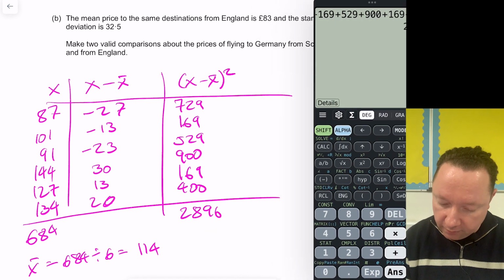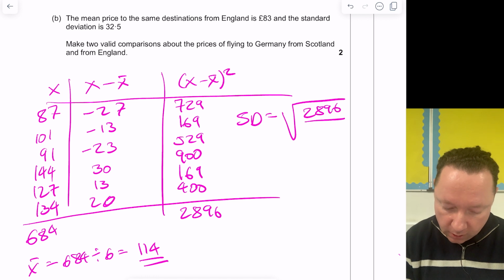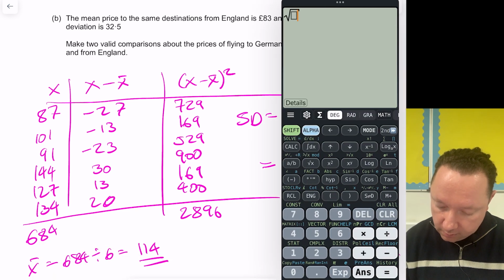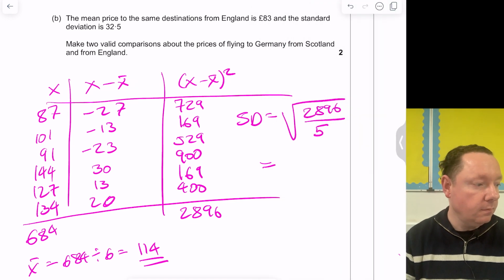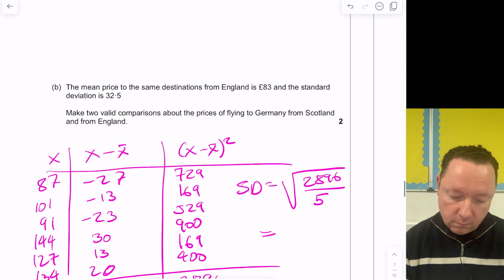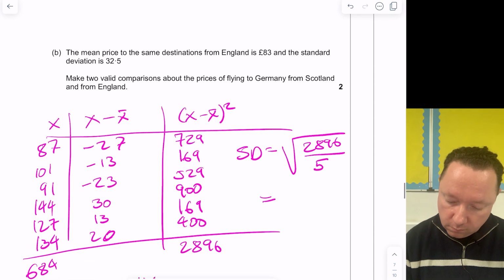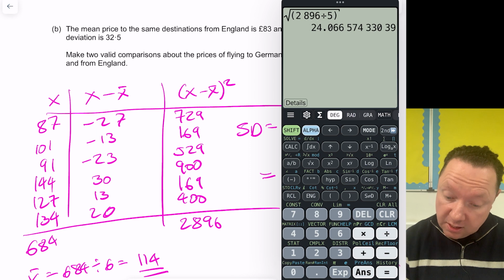So now the standard deviation is the square root of 2896 divided by 6 numbers, so it's 5, one less. That's 24.07, we'll say.